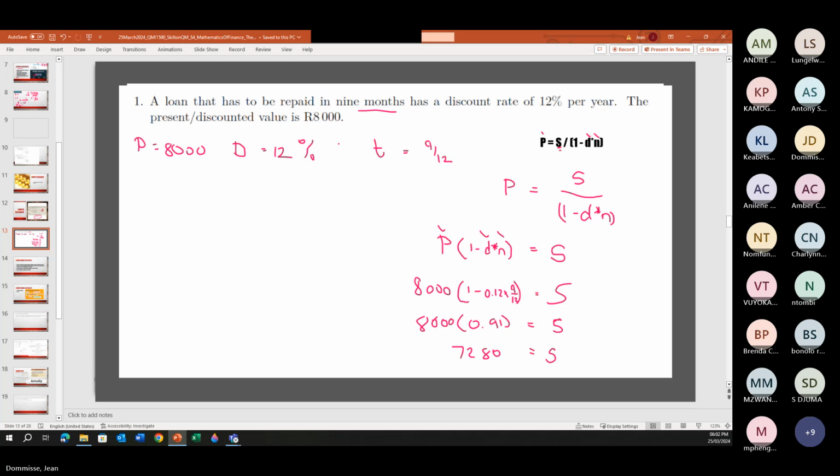So here they ask us to work out the future value.